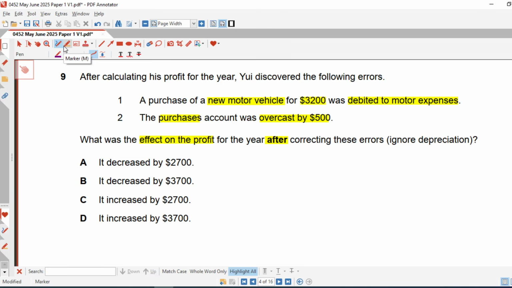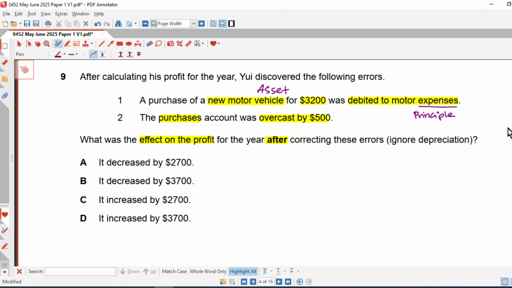The first one, you purchased a new vehicle, right? So it is supposed to be an asset, but we recorded this to motor expenses. Now, bonus points, you can tell me what error occurred here. So this is actually an error of principle, right?